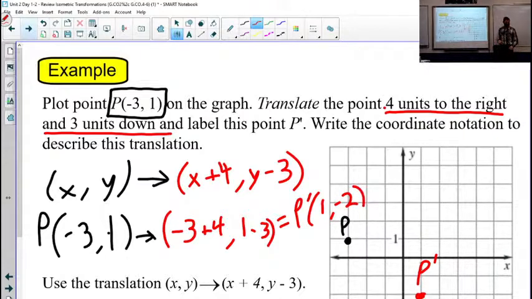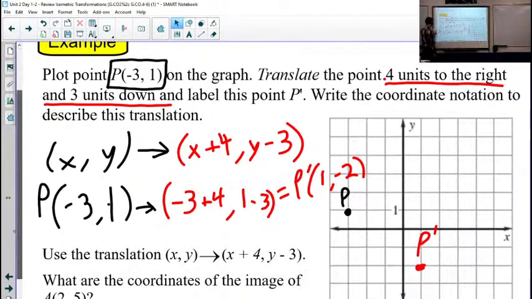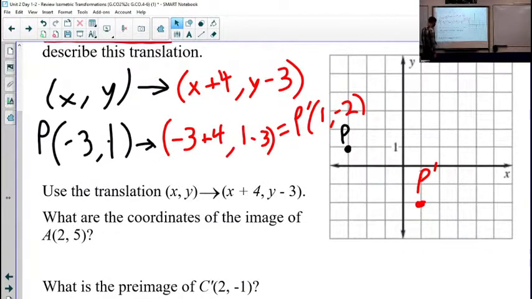And if we look at where point P wound up on the graph, 1, negative 2, there it is.